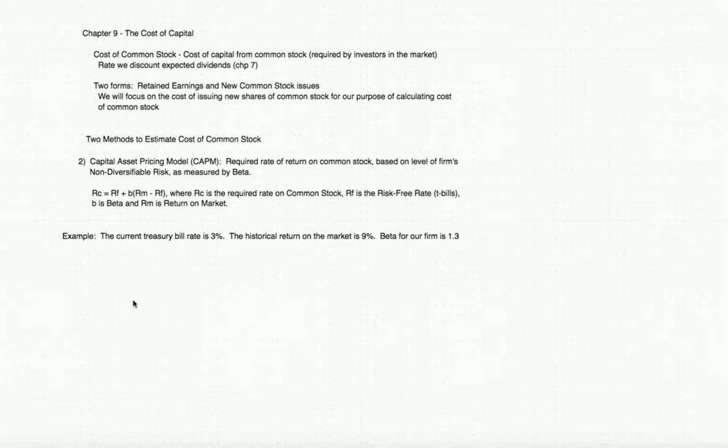So by applying the capital asset pricing model to this example, we would have a required rate of return for our stock equal to the risk-free rate, which is 3%, plus beta, which is 1.3, times the market risk premium.